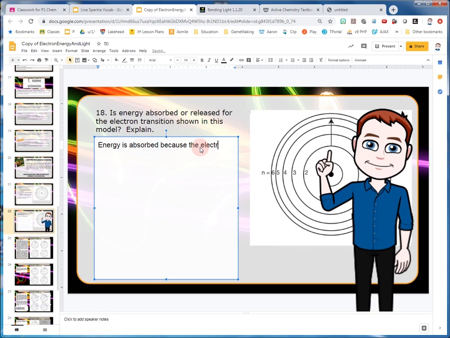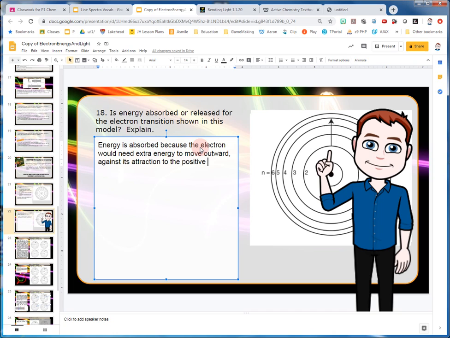the electron would need extra energy to move against, let's put move outward against its attraction to the positive.